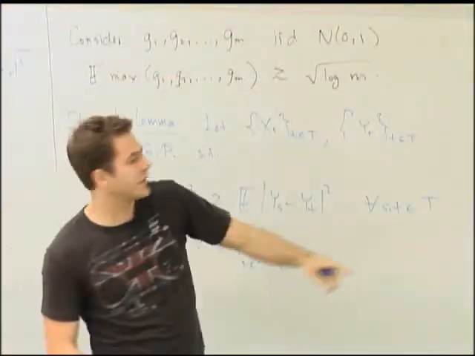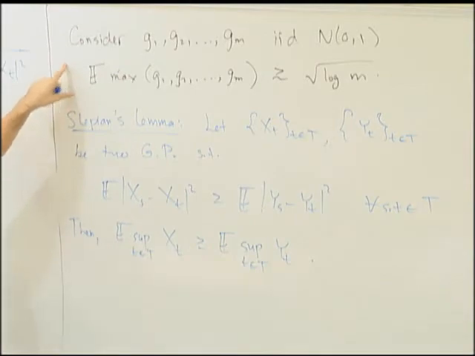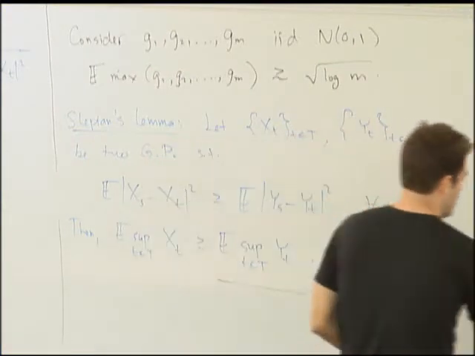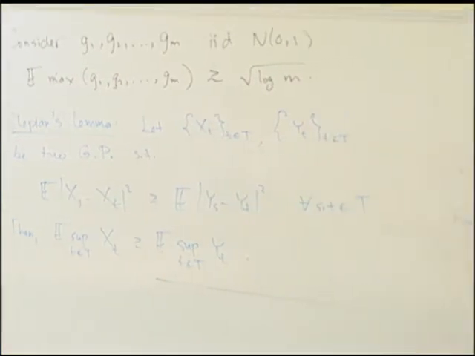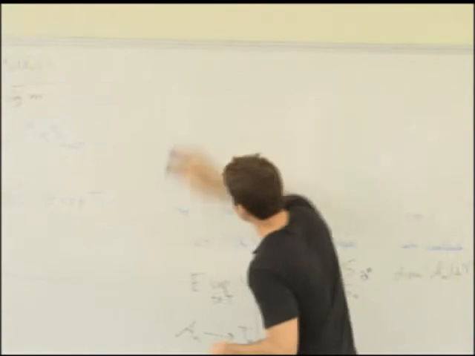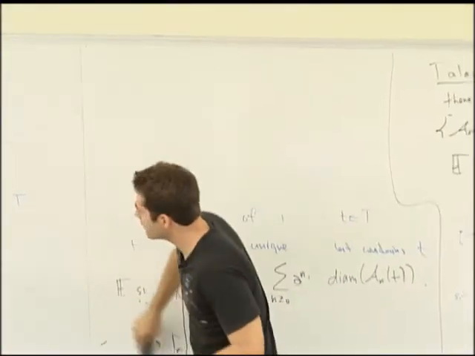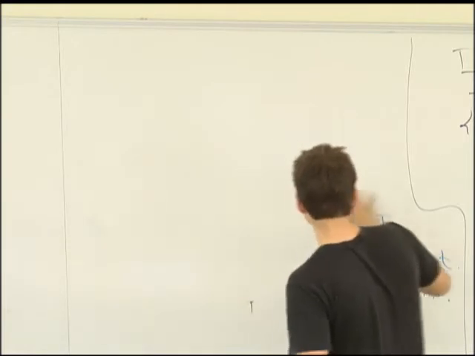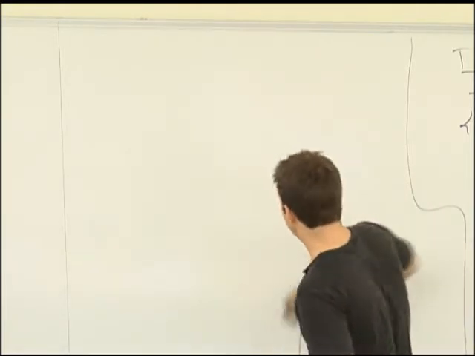Let's just see that given this lemma, we can reduce Sudakov's inequality to the independent case. The way we'll do that is we'll map all the X's to independent random variables and make sure that all the distances go down.